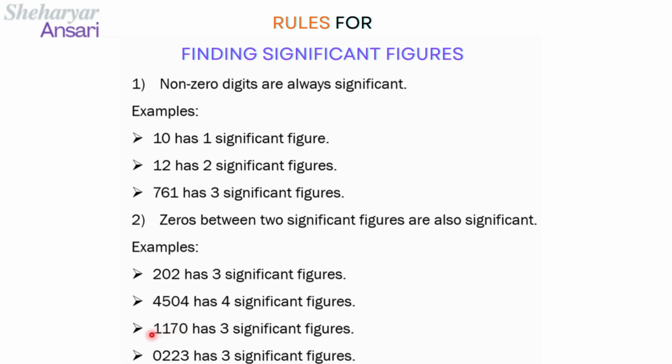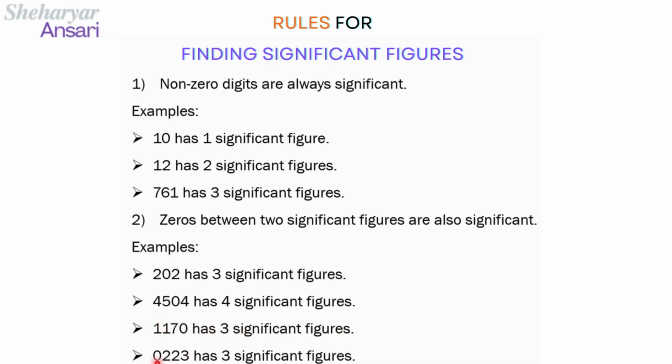Third example, 1170. Now this zero is not placed between two significant figures, means there is no non-zero digit after it. So in this example, 1, 2, 3, only three significant figures.